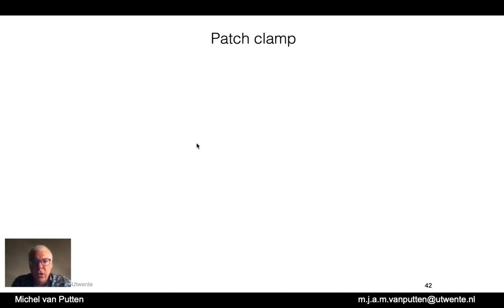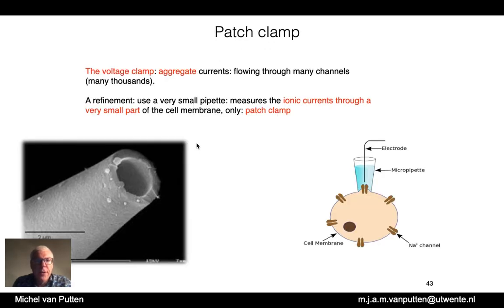Recall that Hodgkin-Huxley used a very large part of the cell membrane with this relatively large electrode inside the axon. With the patch clamp technique, one is able to measure a very tiny part of the cell membrane and measure currents through that particular part only.